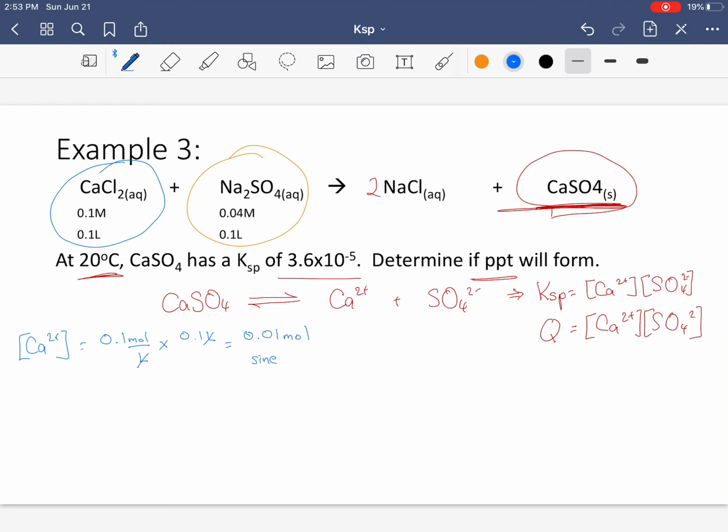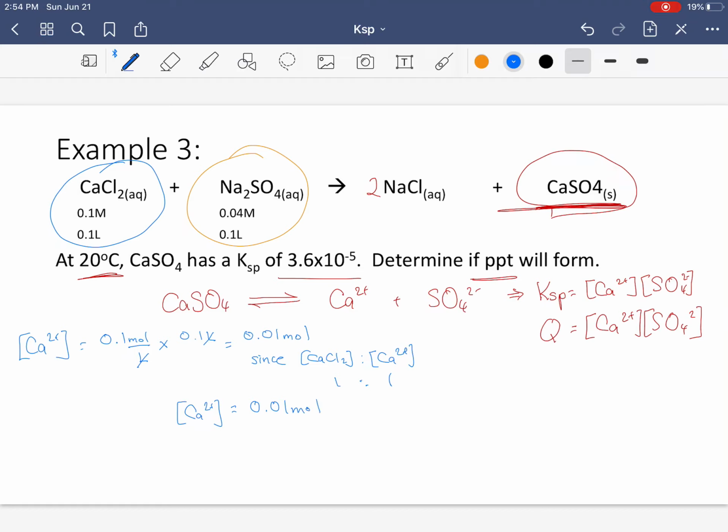Since CaCl2 and Ca2+ is 1:1, Ca2+ is equal to 0.01 mole.